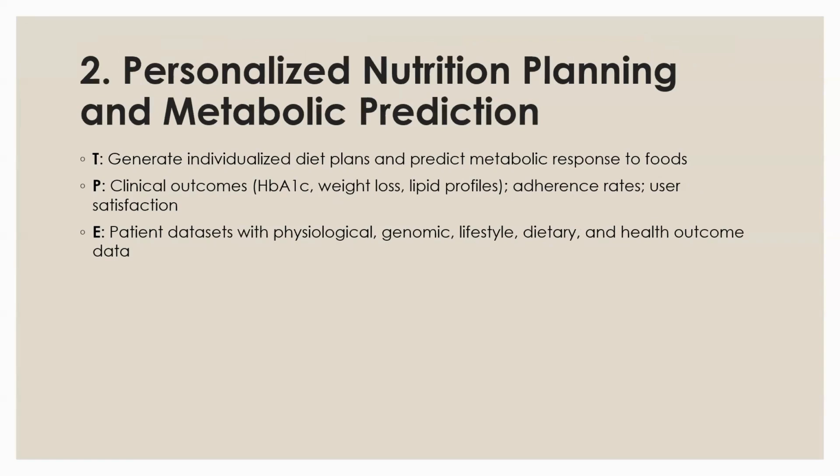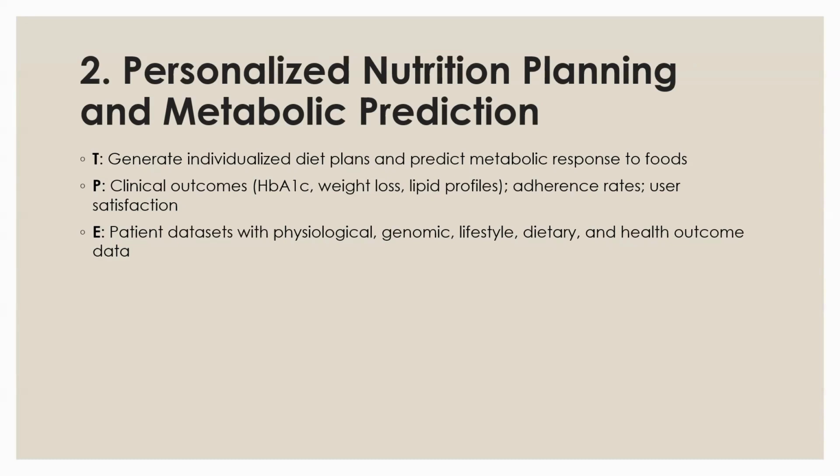How can personalized nutrition planning and metabolic prediction be done through machine learning? Right? So generate individualized diet plans and predict metabolic response to foods. So for this, let's say you want to generate diet plans for individuals and you have the patient data sets, which have physiological, genomic, lifestyle, dietary and health outcome data for many patients, and their diet plans are also there.